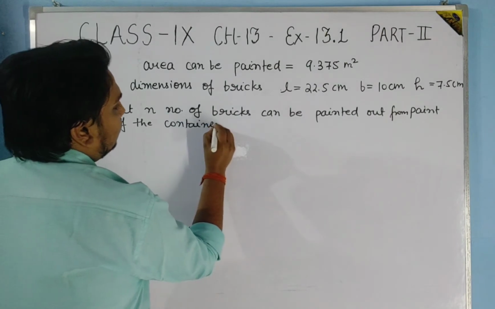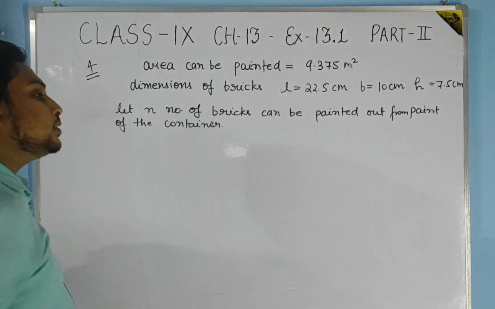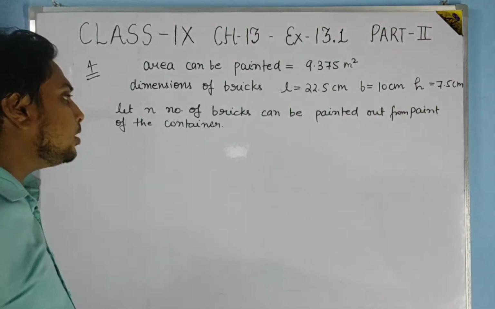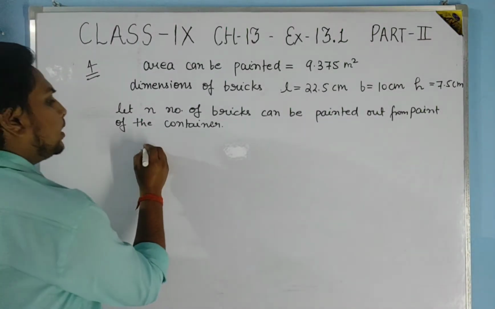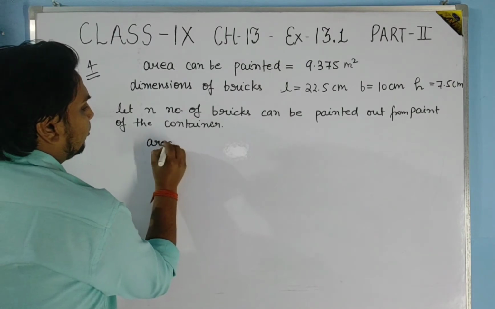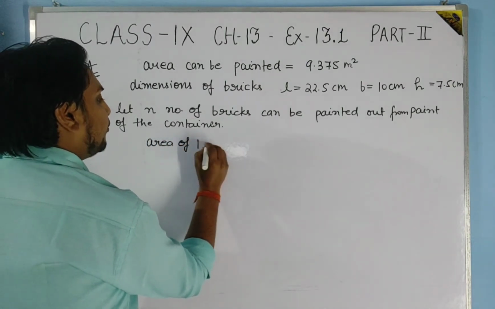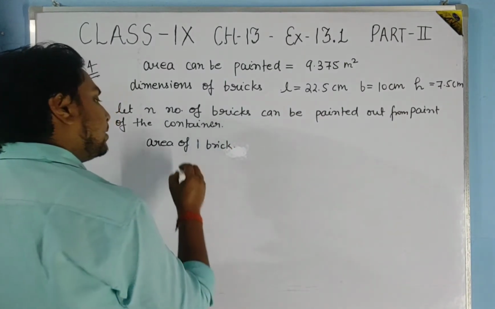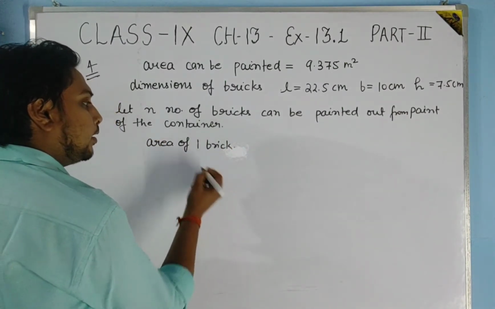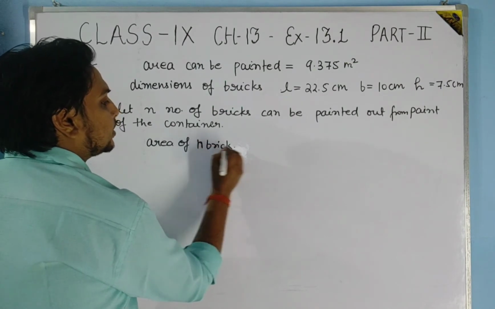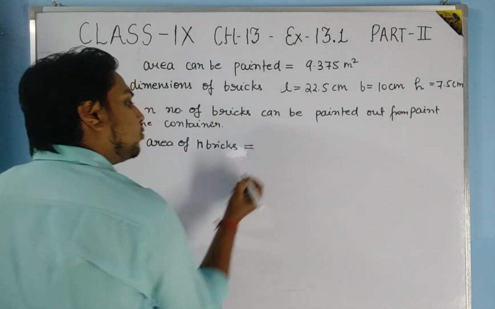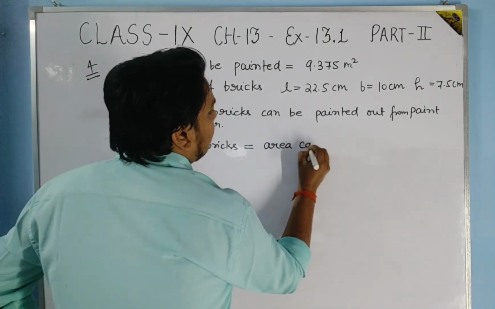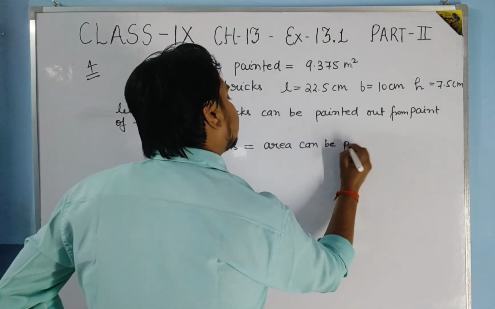We have to find the number of bricks. This is in the statement form, but when we write in the mathematical form, the area of one brick, and we have supposed that the number of bricks is n, so the area of n bricks will be equal to the area that can be painted.